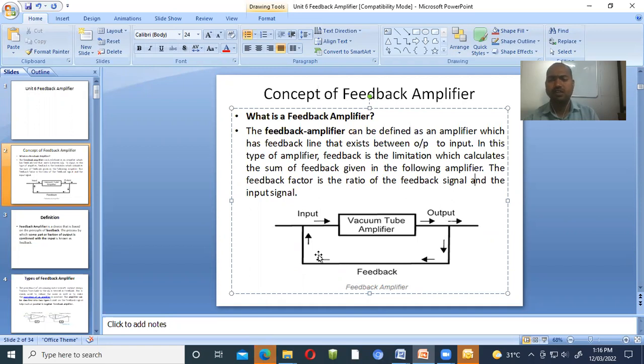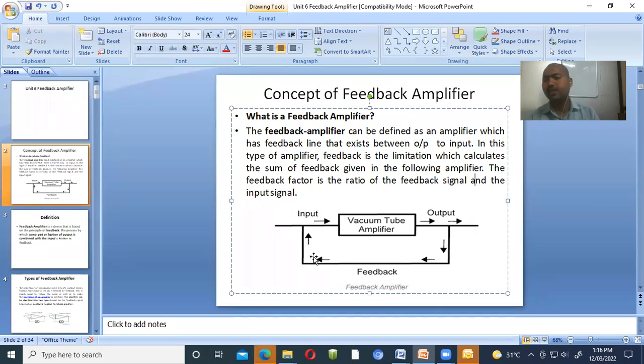In that case, that is called positive feedback. There should not be any change between your output and input. So that's why it is called positive feedback, or 0 phase shift across output and input. Okay, so these are the things with respect to positive feedback.